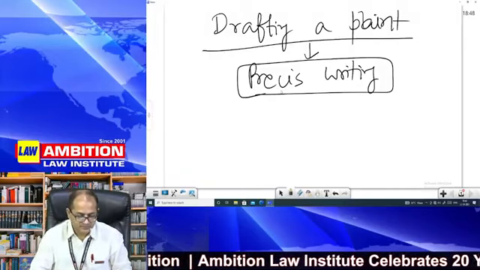Though in a plaint you are not required to write law, you are required to write facts, if you know the law, then you will be able to use your facts according to the requirements of the law.